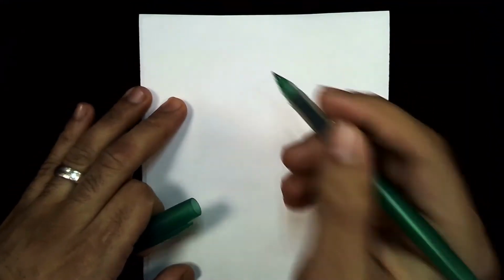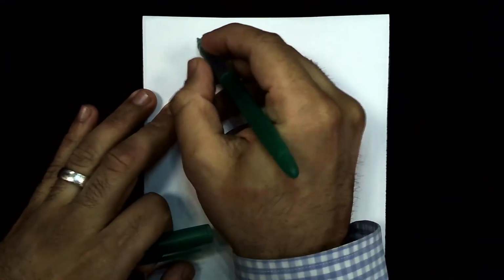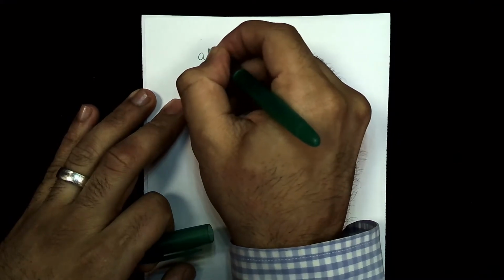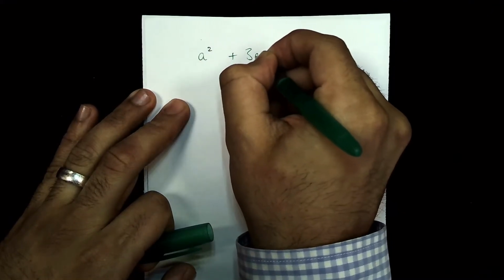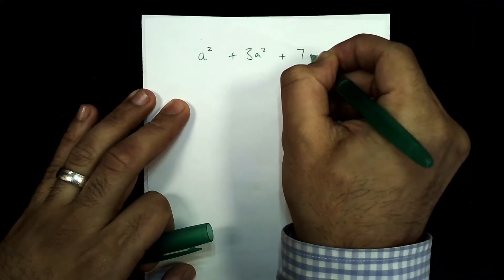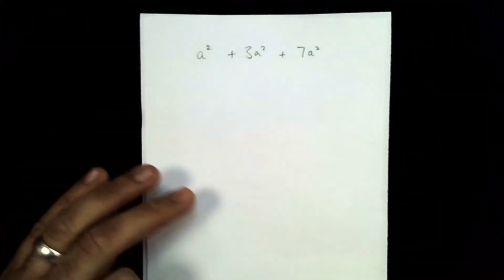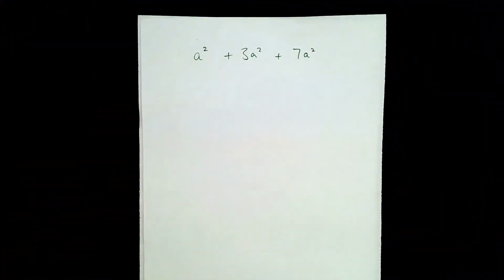This time, slightly complicated looking, but it's the same basic principle. So if I had a squared plus 3a squared plus 7a squared. Now, again, you ask yourself, are my terms consistent? So a squared is the unknown.